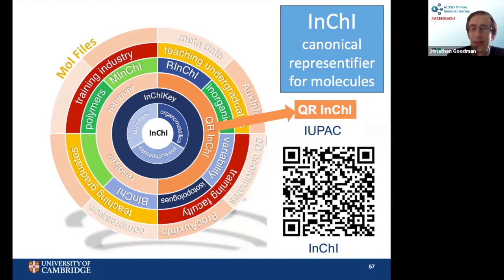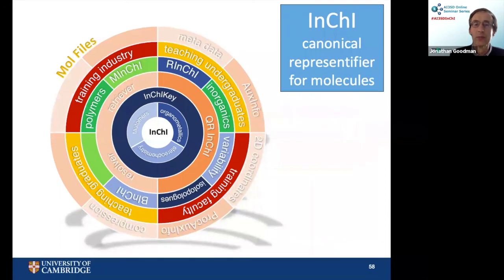Just point your smartphone at a QR code in a standardized form for an InChI, and this will take away your headache. We hope that fairly soon it will be possible to have a standard QR InChI, so there'll be just one QR InChI which is appropriate for each molecule. So this would build on the InChI standard in a way which would make it even more useful.